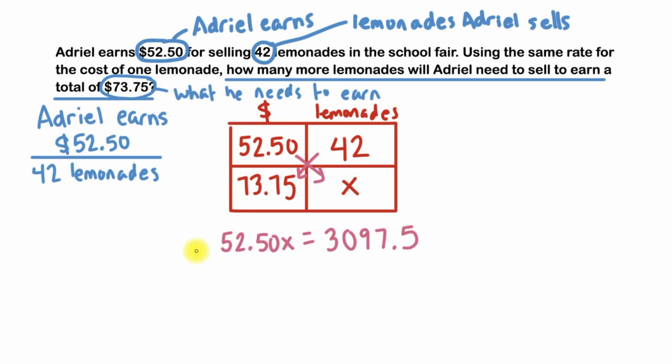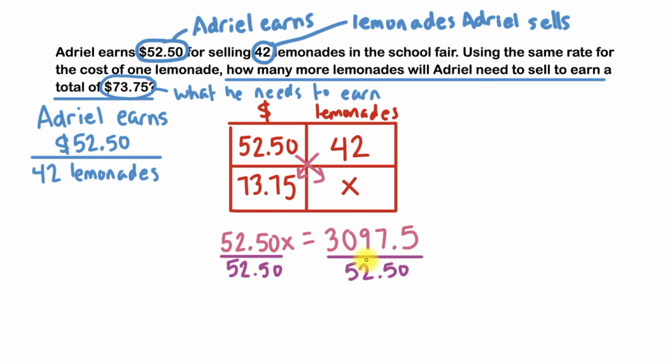Now the second step is to divide by whatever the coefficient is. In case you don't know, the coefficient is just the number that's in front of your variable. So we'll divide both this side and this side of the equal sign by 52.50.